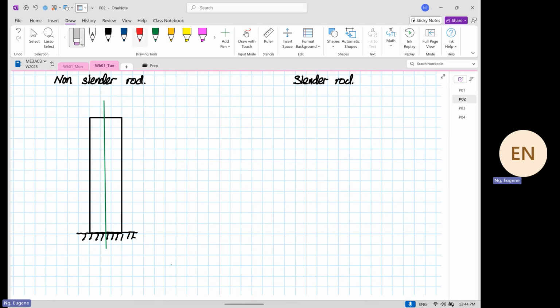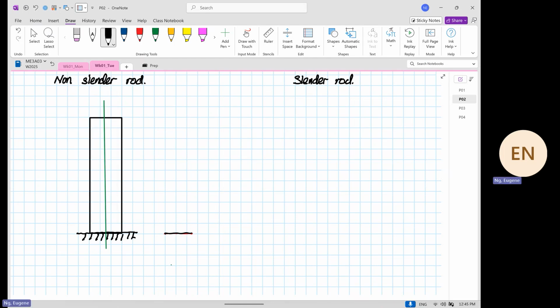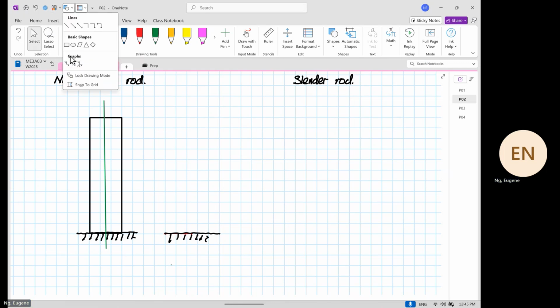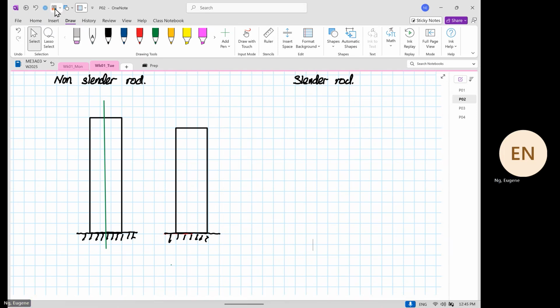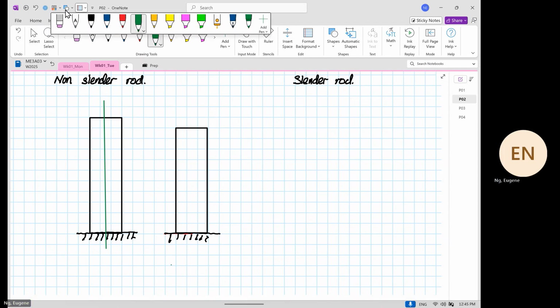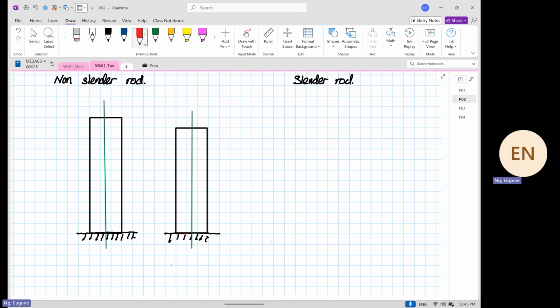Okay, let's get rid of the P. And then when we apply P on the next diagram, what will happen is we have a deflection.